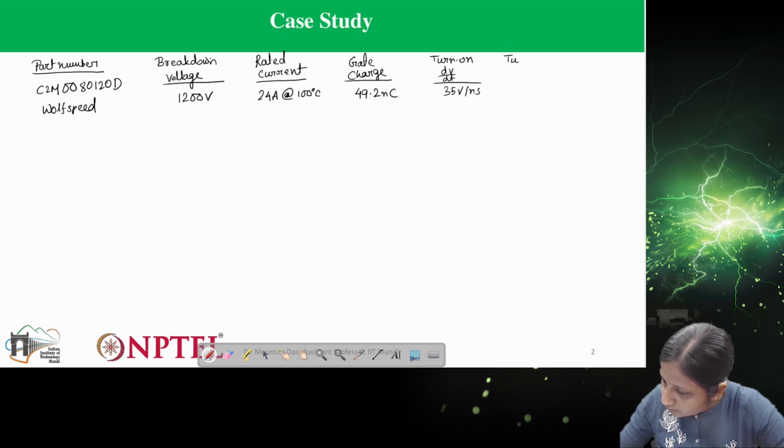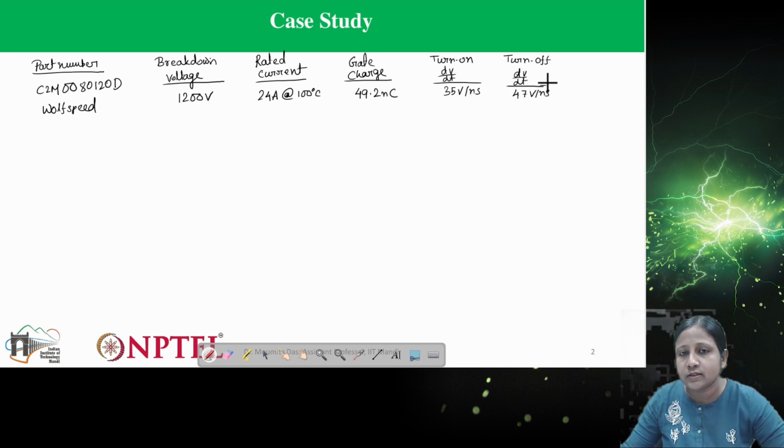Turn off dv/dt is 47 volts per nanosecond. So you can see two different dv/dt values are given for turn on and turn off.